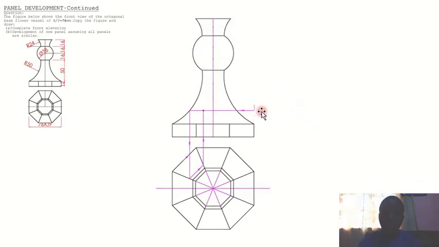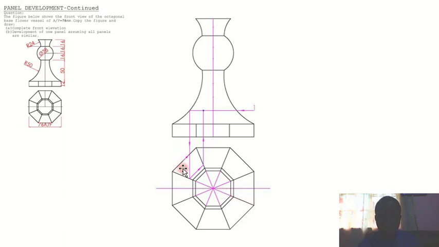Now when you're trying to make the complete front elevation, what we do, we project the line through that division 1. As you can see, it comes and it reaches the curved surface, the other curved surface of the figure. Then project it downwards. Now when you project it downwards, it will meet the diagonal line through the center of the base.